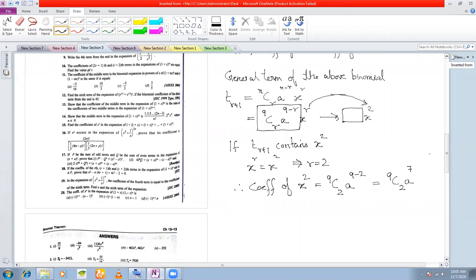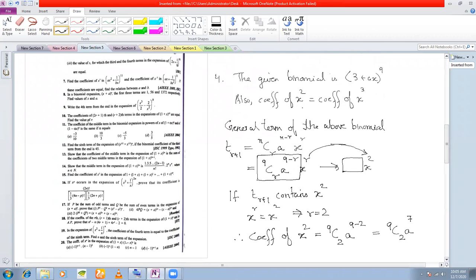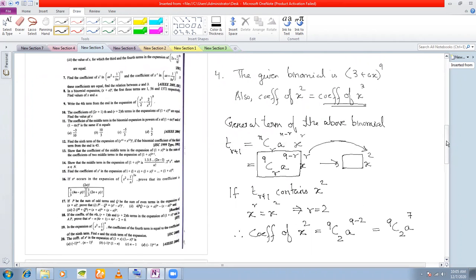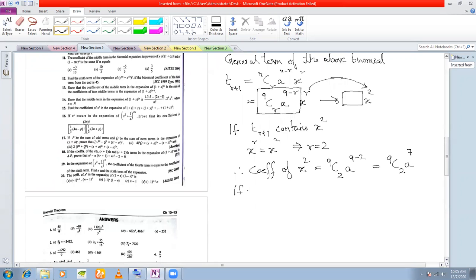Also, it is given that the coefficient of x square is equal to the coefficient of x cube. So if T(r+1) contains x cube, then x to the power of r will be equal to x cube. That means r must be equal to 3. Therefore, what is the coefficient of x cube?